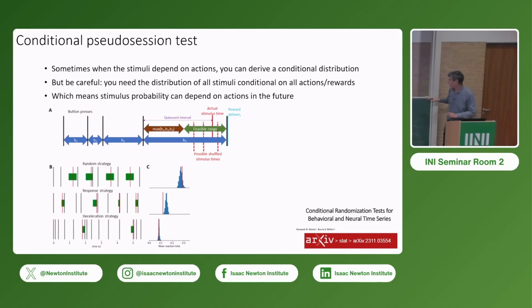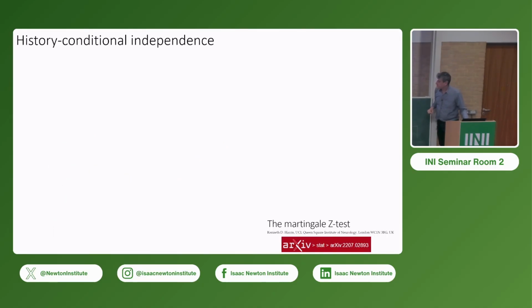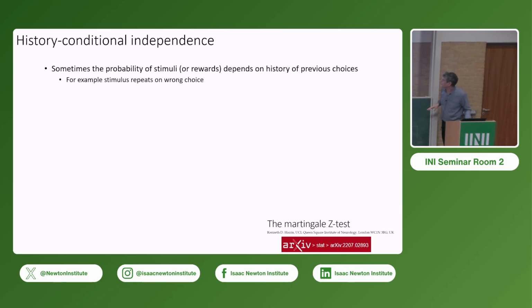That sometimes works, but it doesn't always work, and when it does work, it's normally quite hard to find those conditional distributions. So something that's more general that you can use is the idea of history conditional independence.